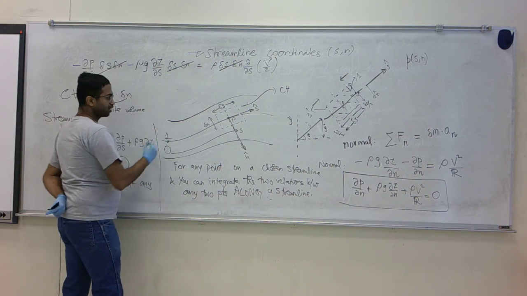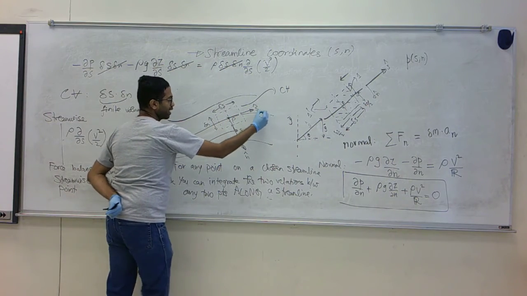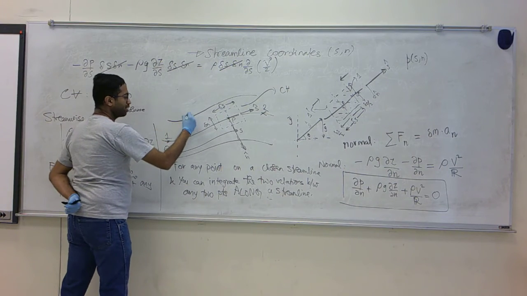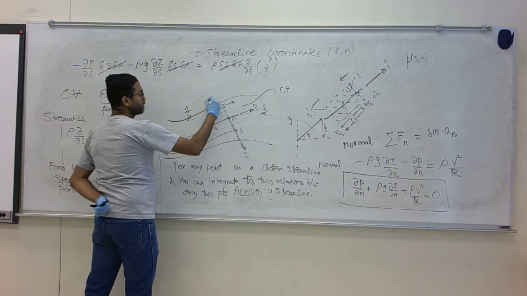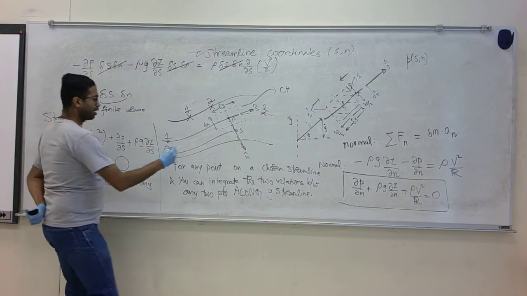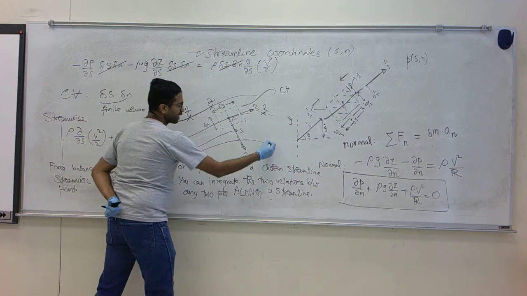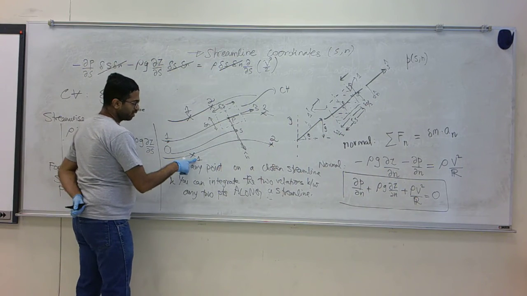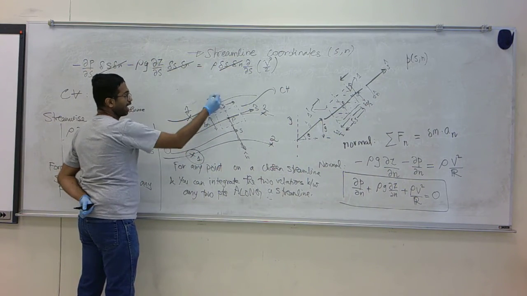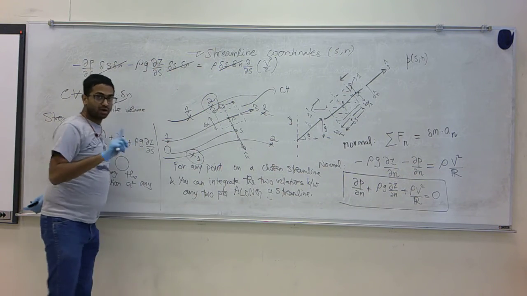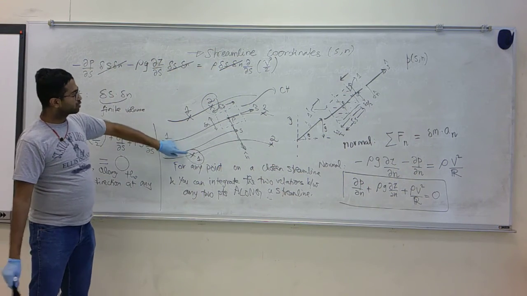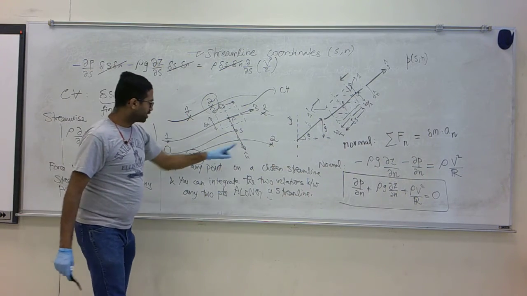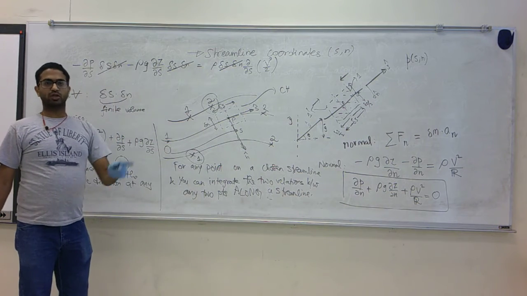One point could be the origin, the other point could be somewhere here. That's one example. One point can be an arbitrary point here, and the second point could be here. Or one point could be here, and the second point could be here. Anyway, you cannot integrate between this point and this point. That's not permissible. Why? Because those two points are not on the same streamline. If the two chosen points are on the same streamline, that's good.